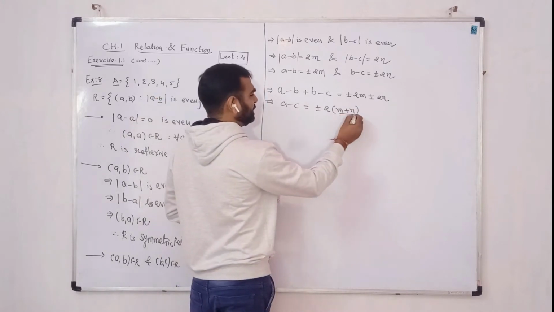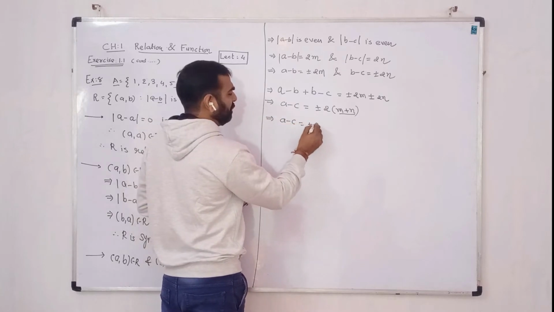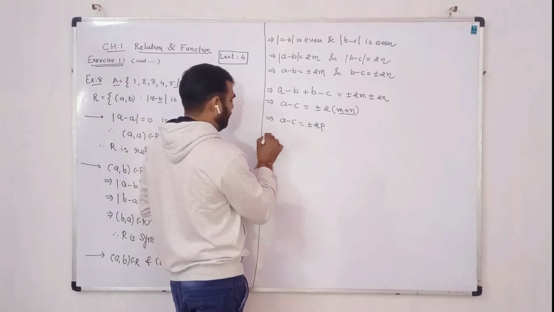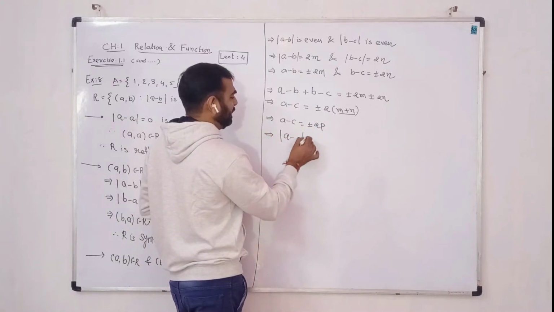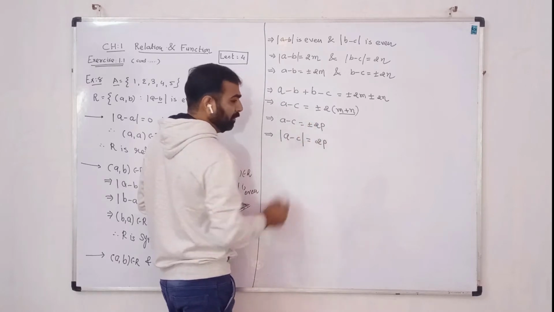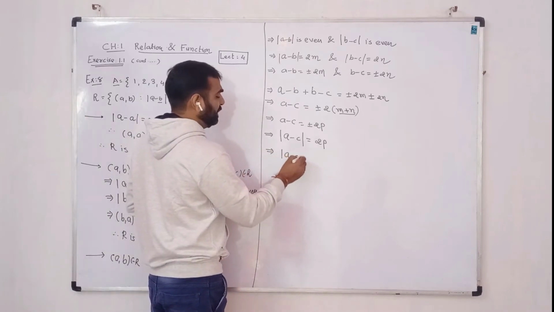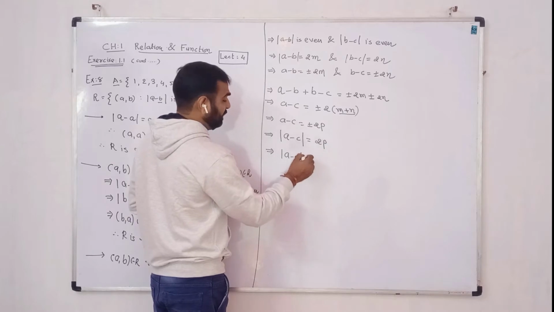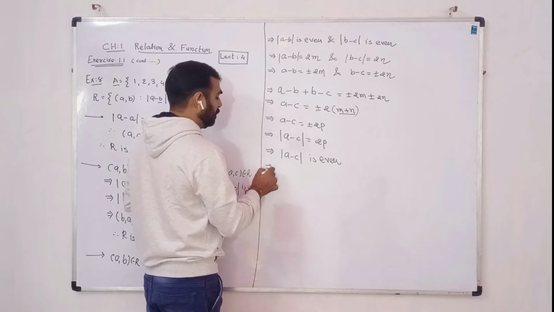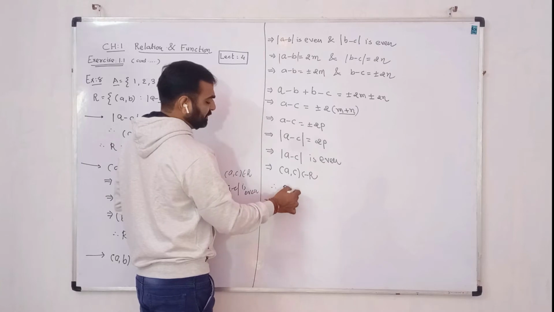If we consider m plus n as one constant p, it is plus or minus 2p, where p is equal to m plus n. Taking the modulus, the modulus of a minus c is 2p, which means it is a multiple of 2, divisible by 2, that is, an even number. So we can say that (a, c) belongs to R.